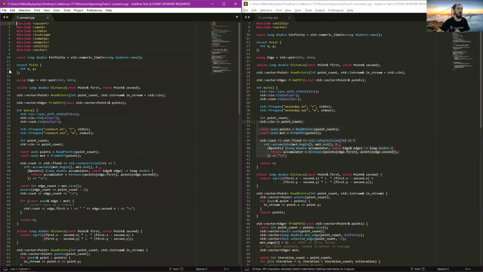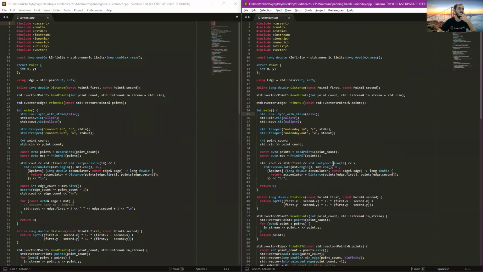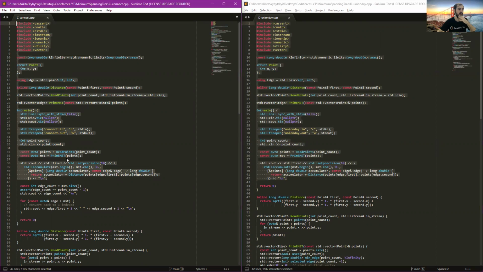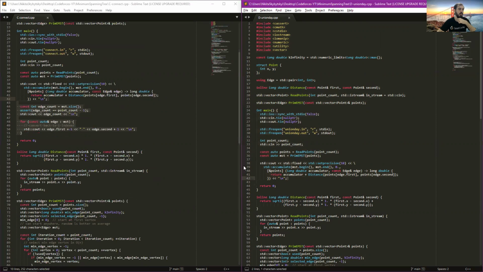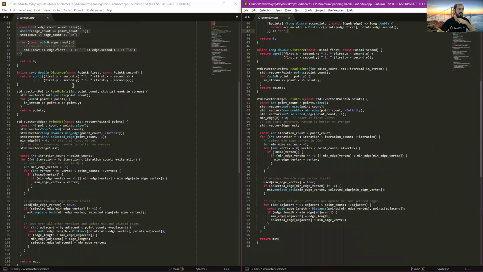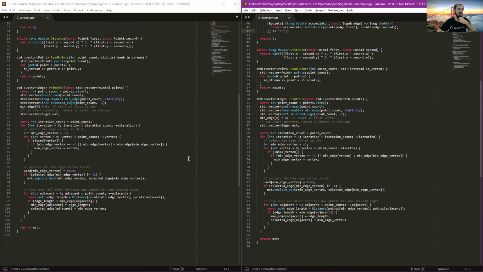You can look at it this way. You take this, it's the same. Here we also output the MST itself, here we don't. But then it's again the same: distance, points, Prim's EMST, the same thing. It's really useful to write reasonable code so that you can reuse it.